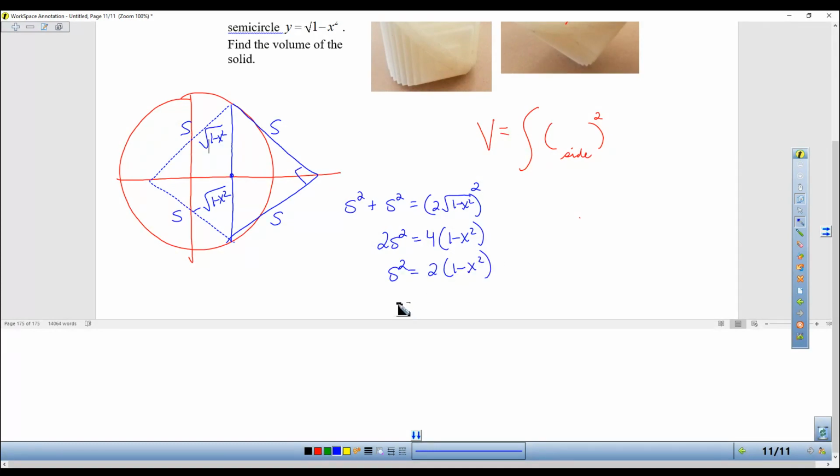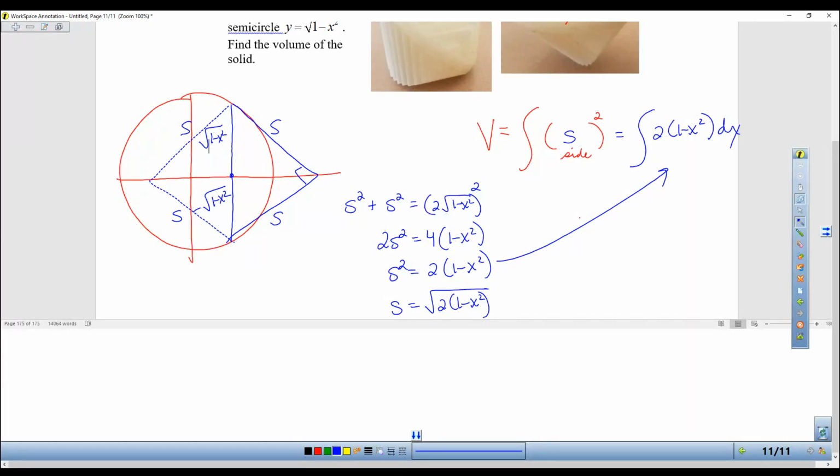So I'm still going to have a square root. s is equal to the square root of 2 times 1 minus x squared. But I am going to square it. So since I want s squared anyway, I can rewrite this as s squared, which is 2 times 1 minus x squared.